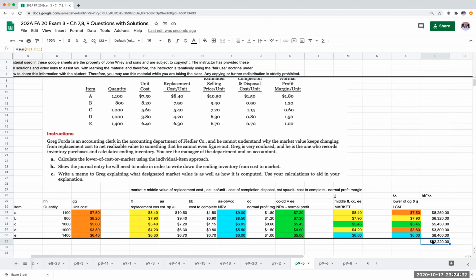So again, what we're doing is comparing what we had on our books to the lower of cost or market. How do you define market? Market is the middle value of replacement cost, net realizable value, and net realizable value minus a normal profit margin. What is net realizable value?